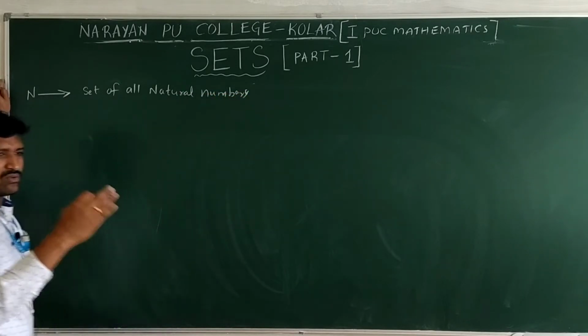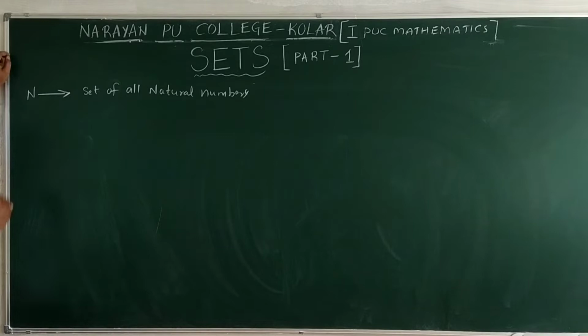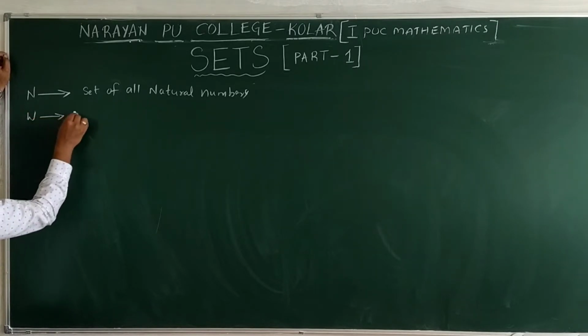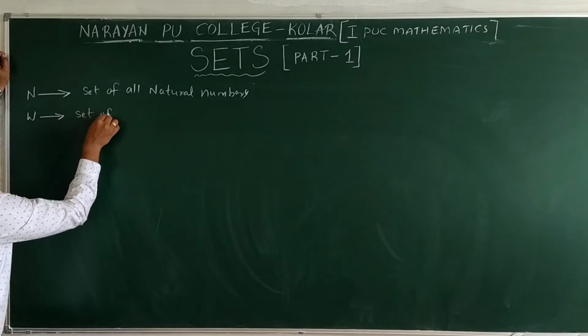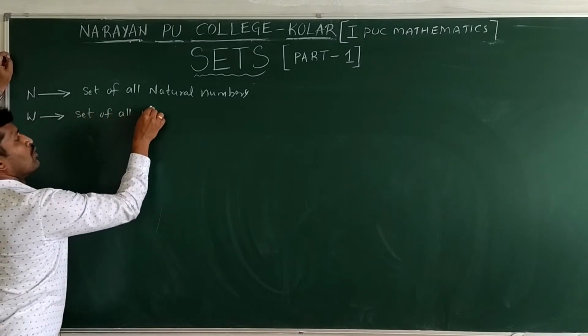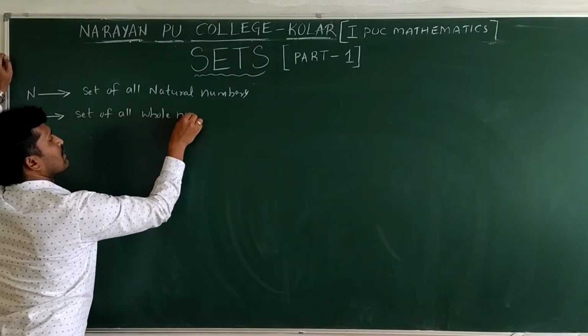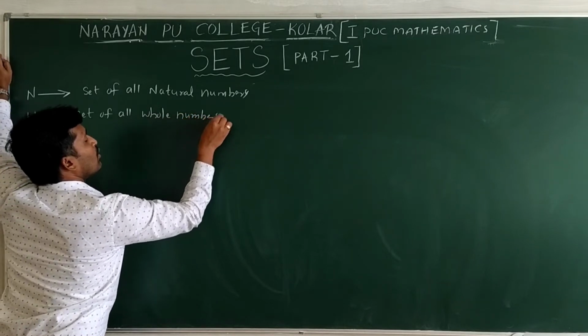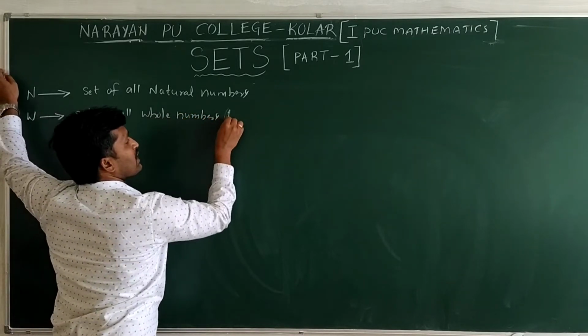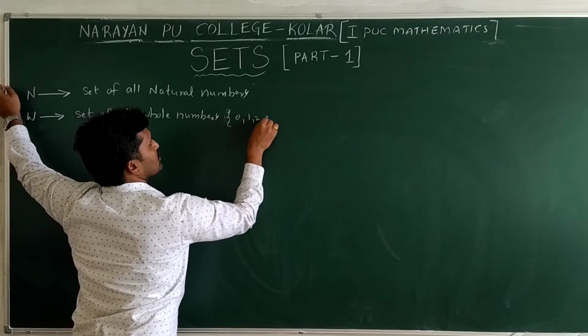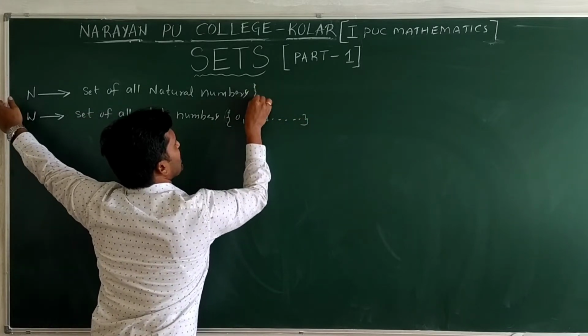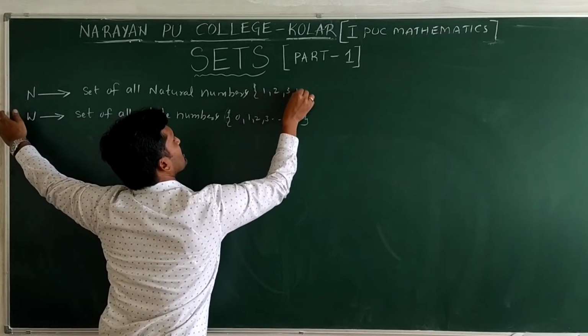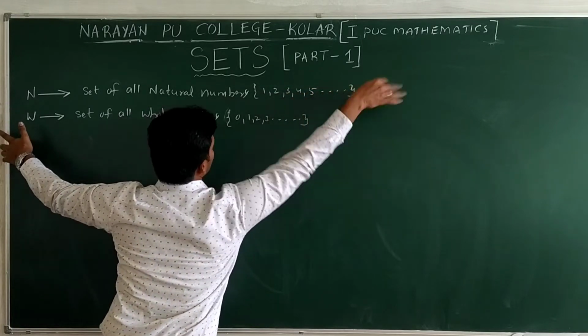Natural numbers means 1, 2, 3, 4, 5 to infinity. Next, W gives the set of all whole numbers. Whole numbers means from where to where? 0, 1, 2, 3 and so on. Natural numbers means 1, 2, 3, 4, 5 and so on.